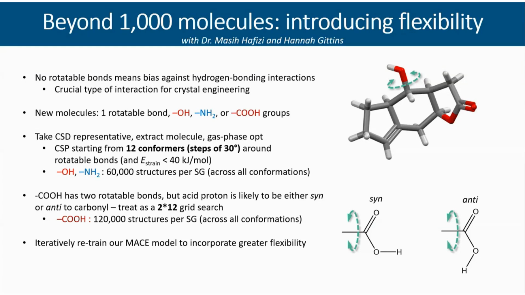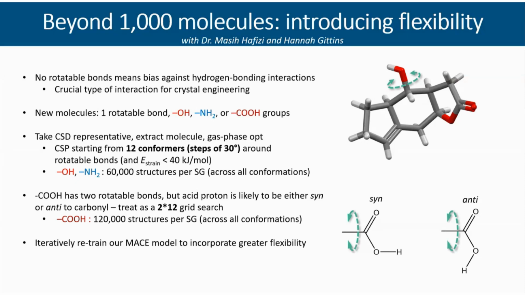And so one of the things that I started doing, and that Massi and Hannah are picking up, is CSP using molecules that contain exactly one rotatable hydrogen bonding group, doing CSP no longer with one static conformation, but using a grid sampling around this rotatable bond, and then the same workflow as before, optimizing using our empirical potential, and then iteratively retraining our MACE model to incorporate greater flexibility and incorporate some understanding of both the impact of the flexibility on the energy and the forces and the importance of hydrogen bonding.